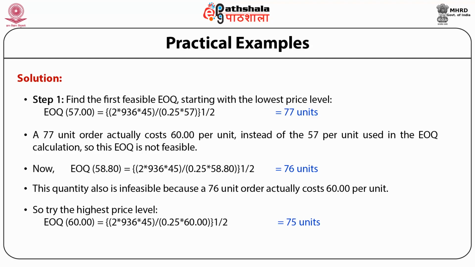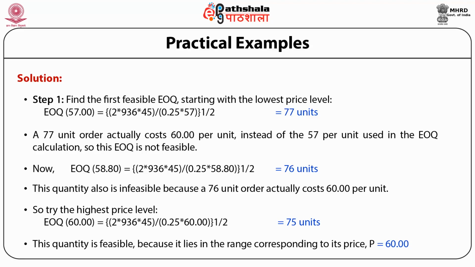EOQ at 60 equals root of 2DS upon H, which equals root of 2 into 936 into 45 divided by 0.25 into 60, and its root equals 75 units. This quantity is feasible because it lies in the range corresponding to its price P equal to 60.